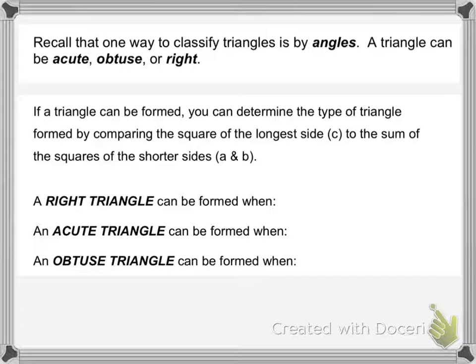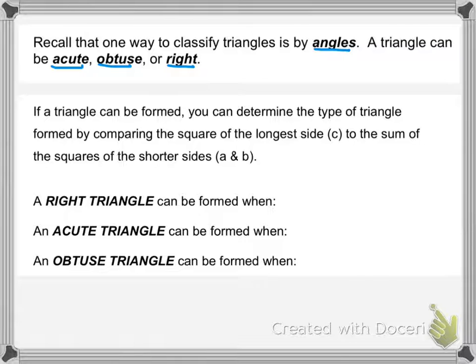So recall also a while back we learned how to classify triangles by angles. We can either have an acute, obtuse, or right triangle. There also is an equilateral triangle, but that one doesn't really apply here. That's a special type of acute triangle. So the converse of the Pythagorean theorem is just the reverse of it.